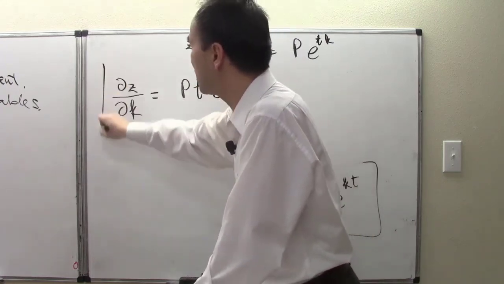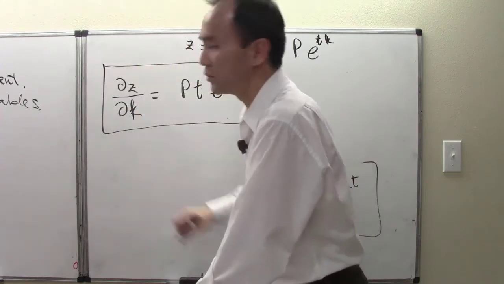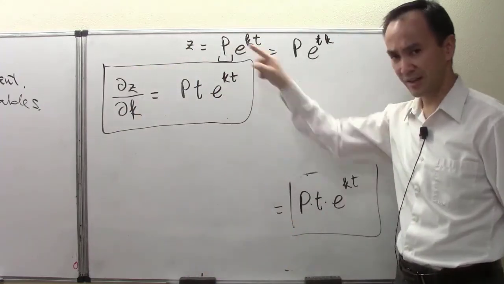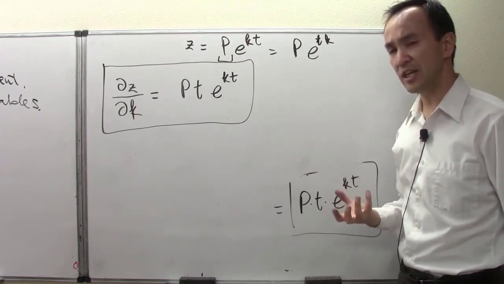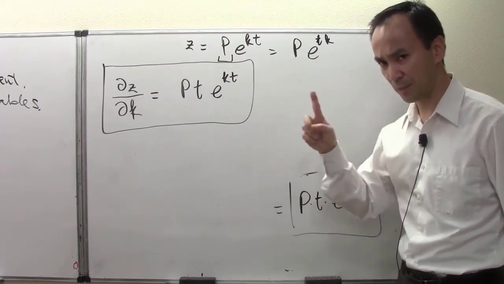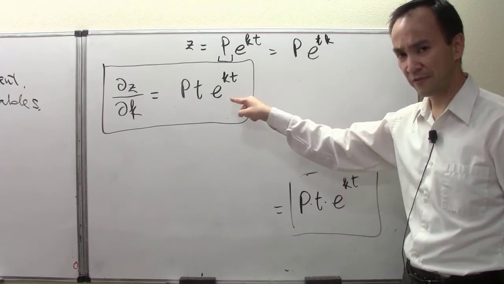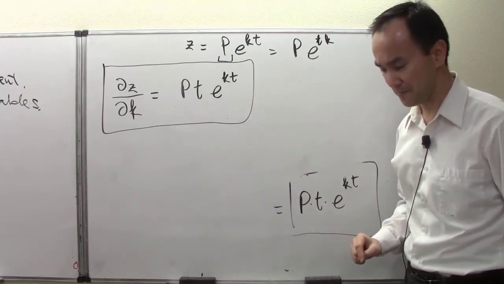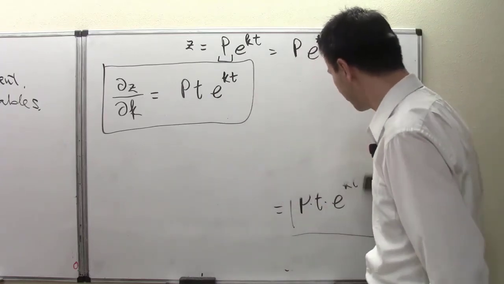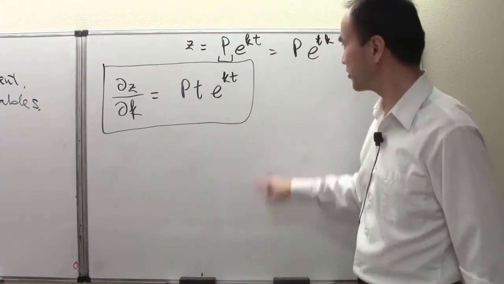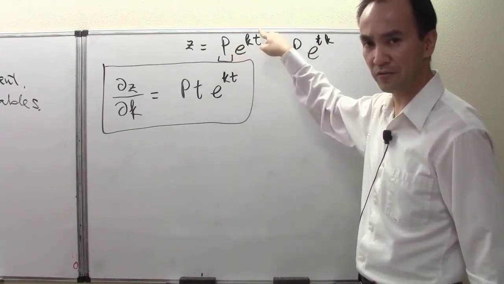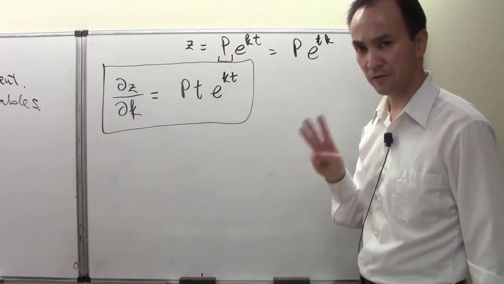So there's our partial derivative with respect to k of the function z. All right. So on the other board earlier, I was finding dz dp. That's one partial derivative. Just now I have found dz dk. All right. And be aware again that our function has three variables. Okay, a function of three variables.